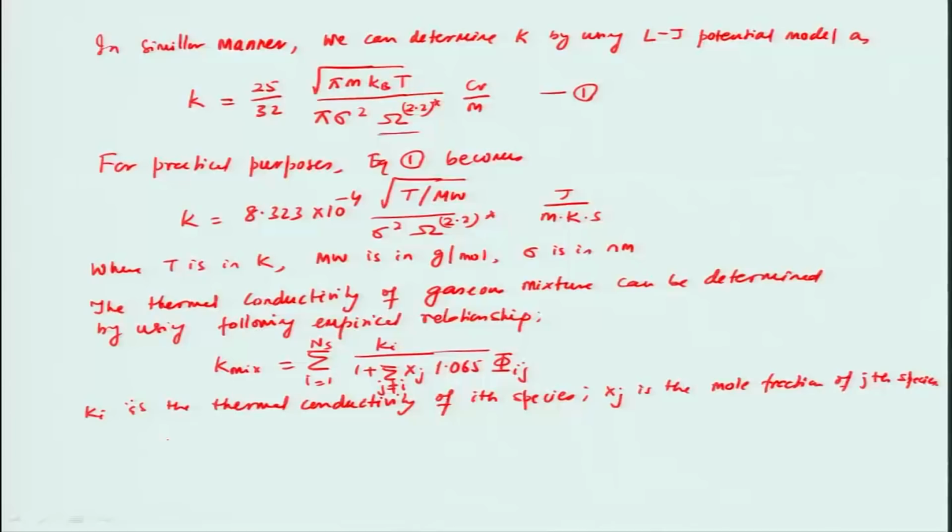And this phi ij is another semi-empirical formula, equal to 1 plus the square root of mu i by mu j times MW j by MW i to the power 1 by 4, whole squared, divided by 2 root 2 times 1 plus MW i by MW j to the power minus half.